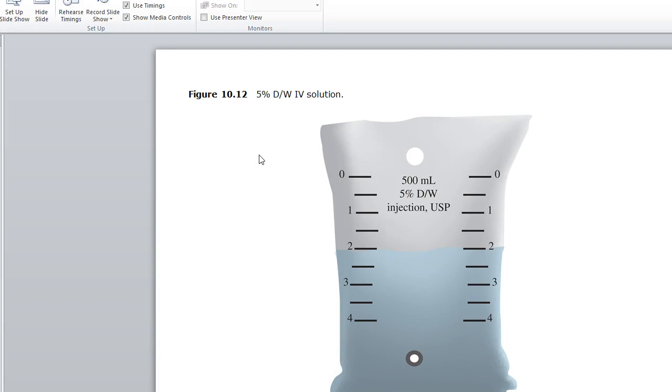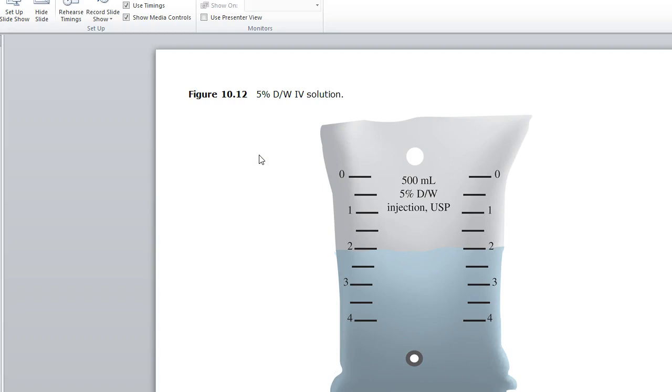I think it's also important to talk about the three types of solutions: hypertonic, hypotonic, and isotonic. Isotonic is probably one of the most understandable types of solution, and really what we're talking about here is a relationship between a certain fluid and osmolarity, okay?